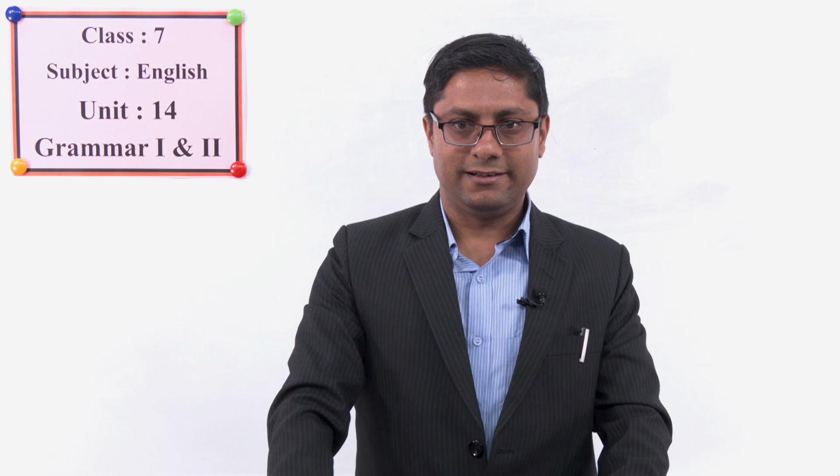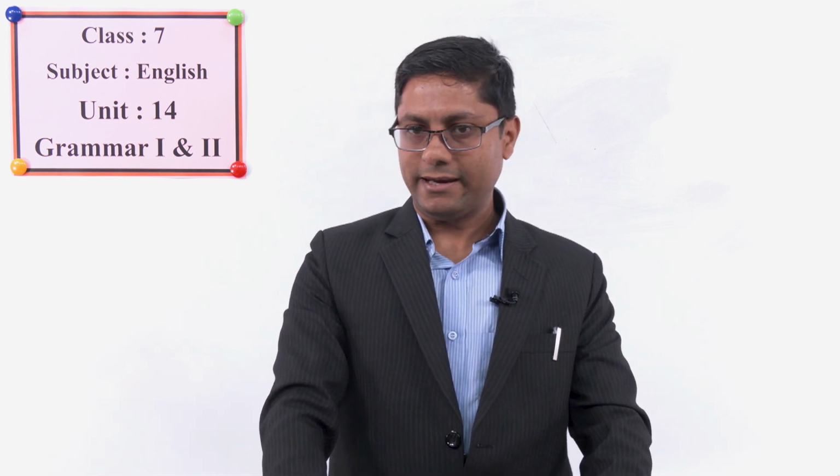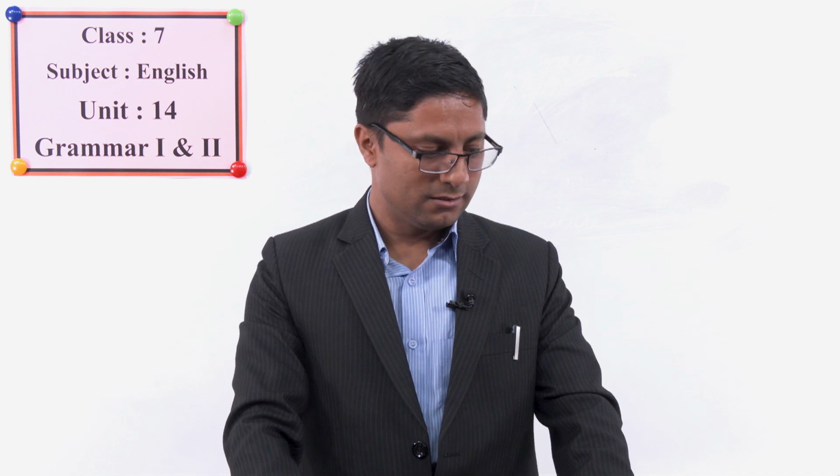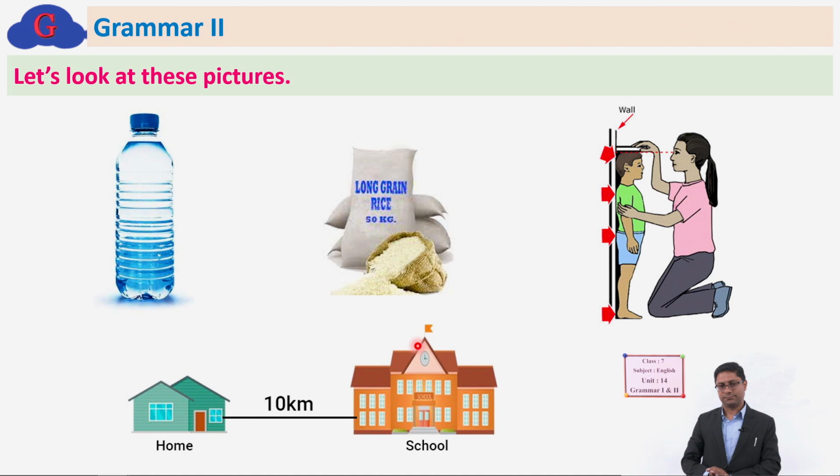Dear students, let's look at some pictures. See the first one. What is it? A bottle of water. Can you tell me how much water is there in the bottle?